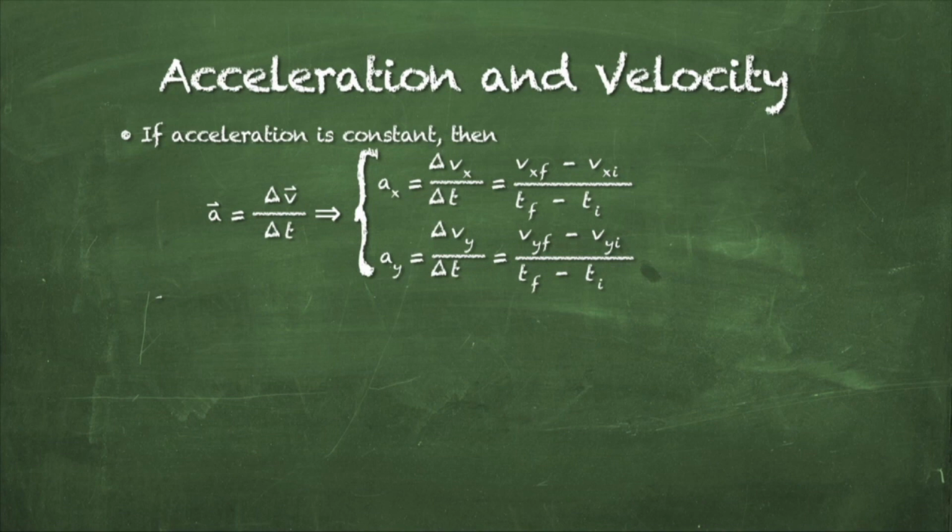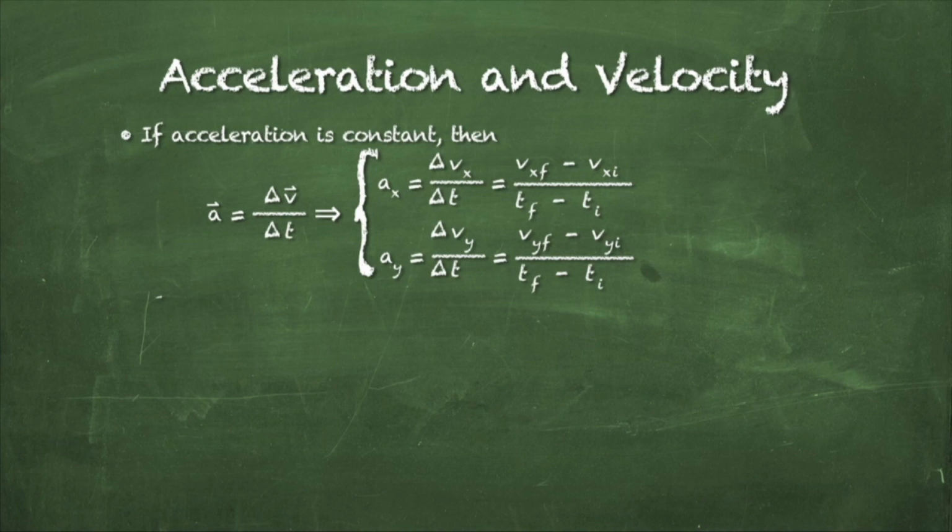Now both acceleration and velocity are vectors, so this is actually a vector equation. Vector acceleration equals, or is defined to be, the change in the velocity vector divided by the change in time. Since it's a vector equation, that's equal to two component equations, an x equation and a y equation. Let's take a look at the x equation.